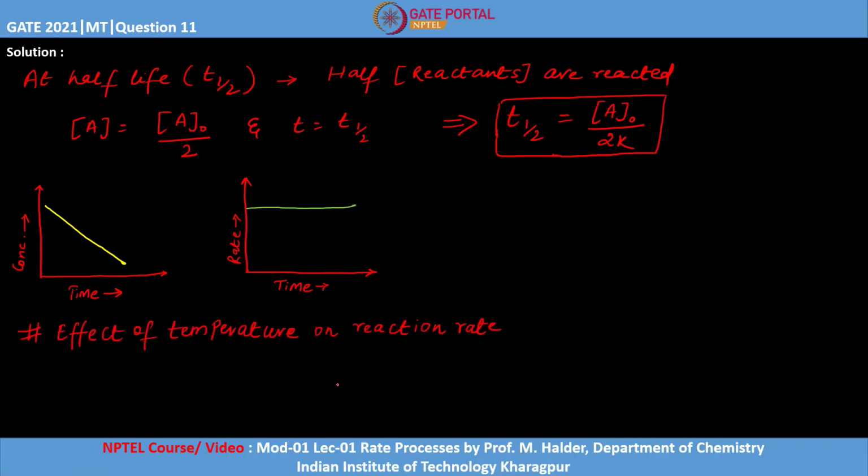Now coming to the effect of temperature on the reaction rate. So the effect of temperature on reaction rate can be calculated using Arrhenius type expression, which says K is equal to A exponential minus Ea upon RT, where A is pre-exponential constant and Ea is the activation energy, R is the gas constant, and T is the absolute temperature.